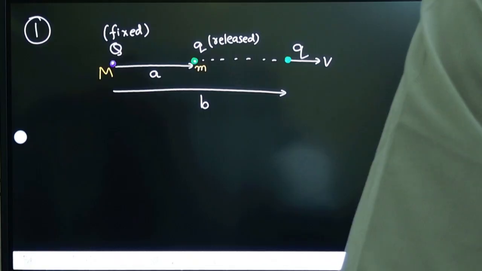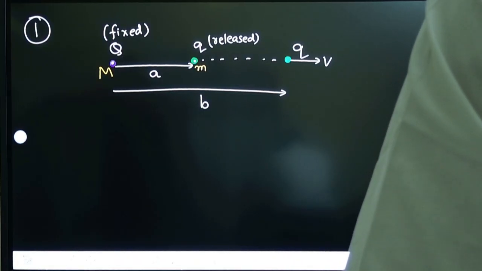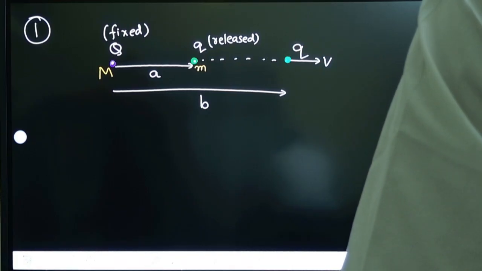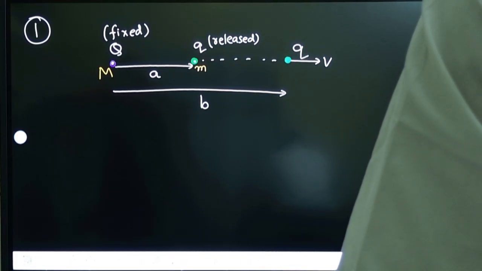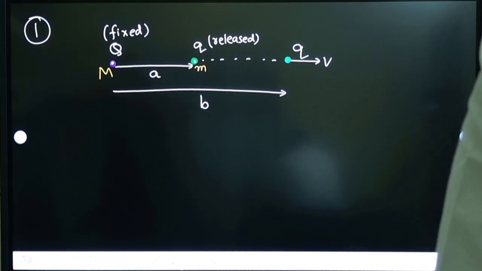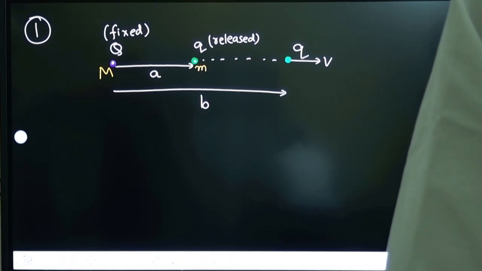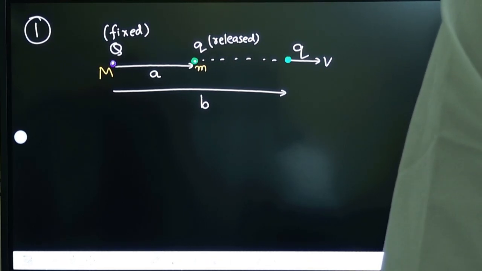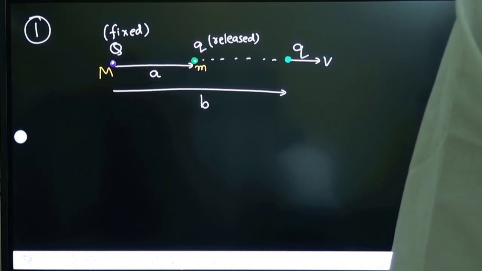So the electric field is not going to be constant. The electric field will also be changing, right? So the acceleration of this particle will also be changing. Yes, Kevin.